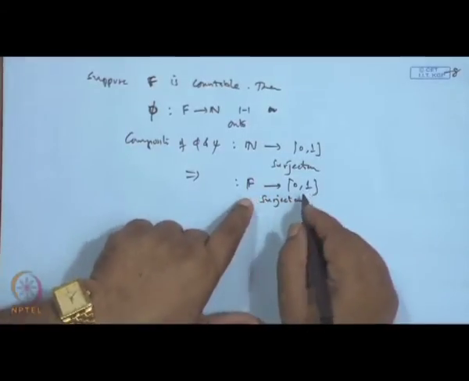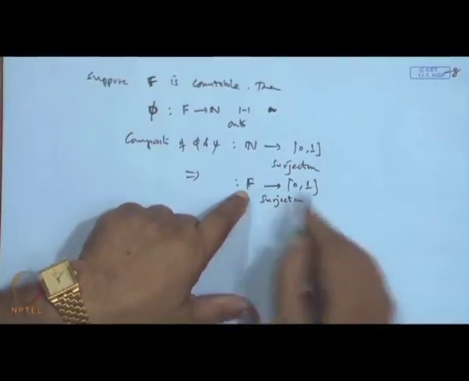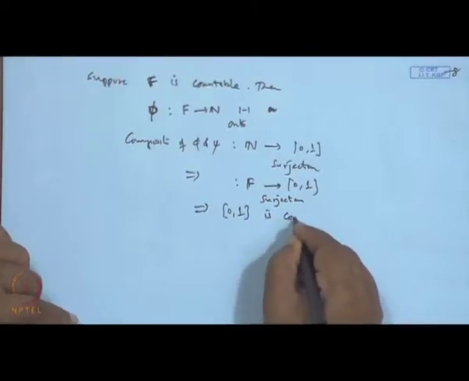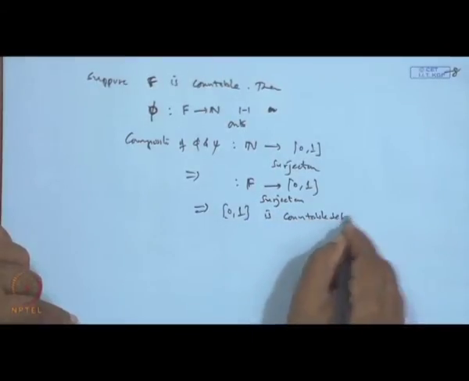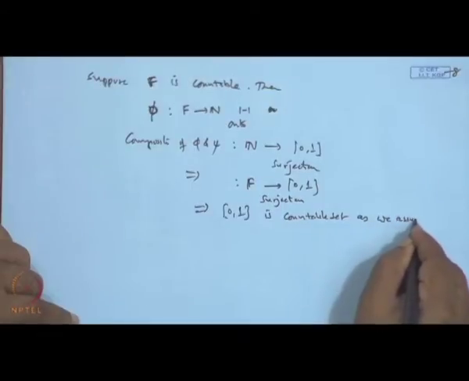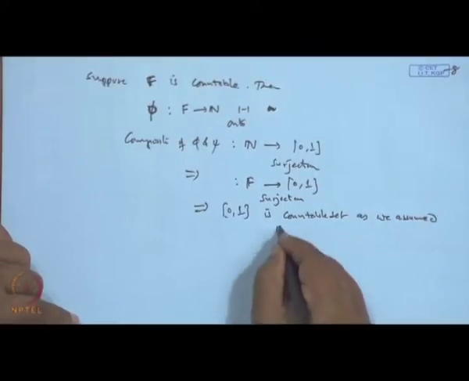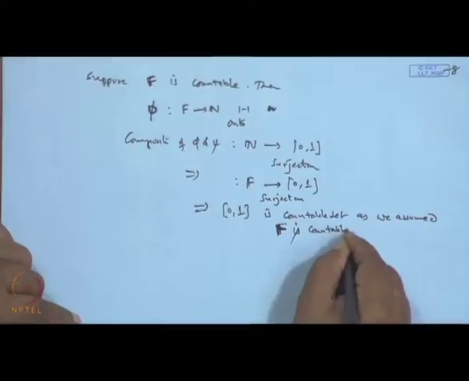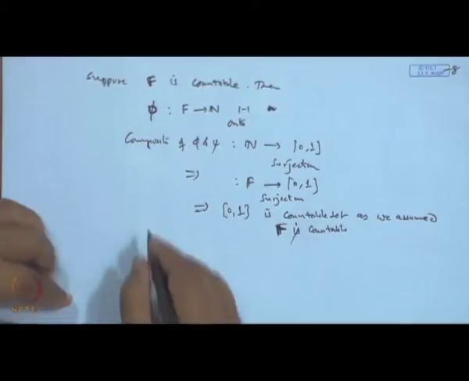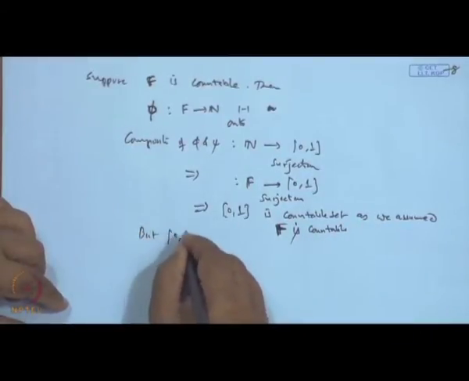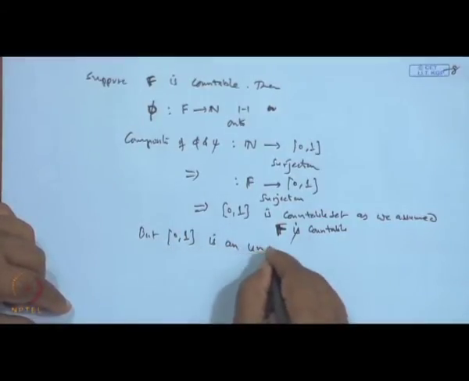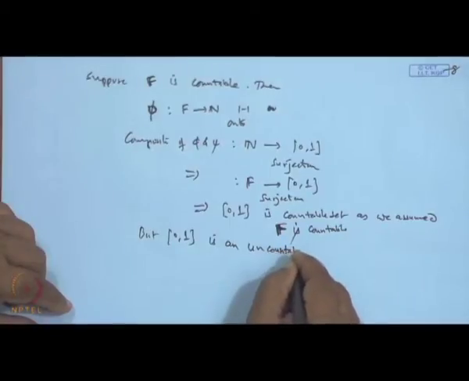Once it is a surjection, and since we have assumed F to be countable, this implies that [0,1] is a countable set. F countable is our assumption, but [0,1], the set of all real numbers between 0 and 1, that is the continuum, is an uncountable set, which we have already shown.